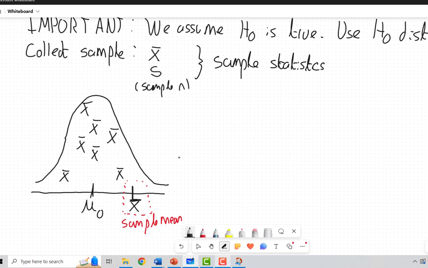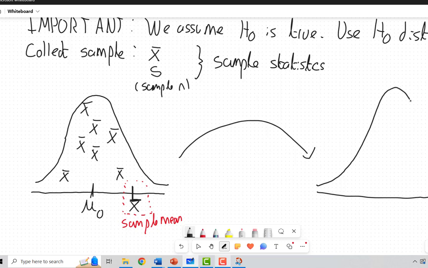We want to transform it into a z-score. So we have our z-score here.